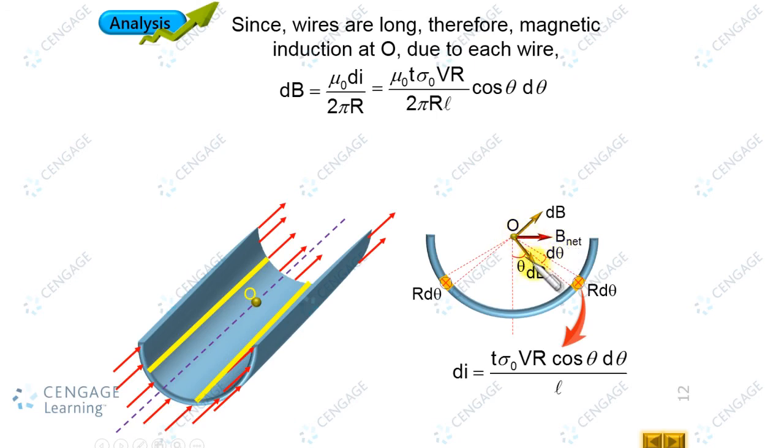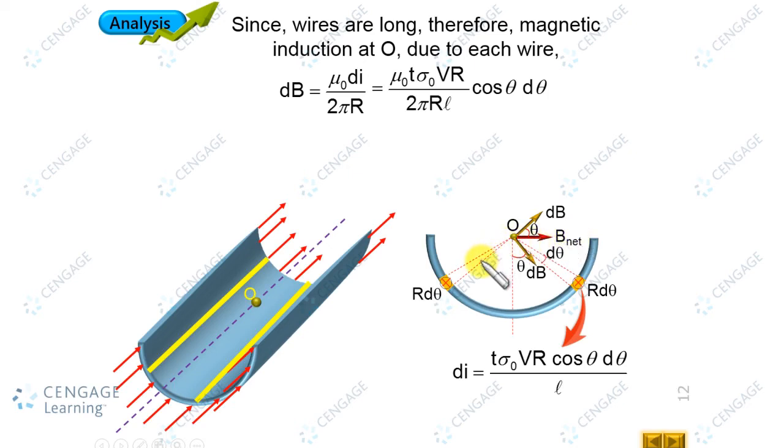So let us write the expression for calculating the net dB, and we know this dotted line is making theta with the vertical. That means any line which is perpendicular to this dotted line will make angle theta with the horizontal. That means this angle should be theta. So let us write this angle is theta. That means the component of the magnetic field dB in the horizontal direction is dB cos theta.